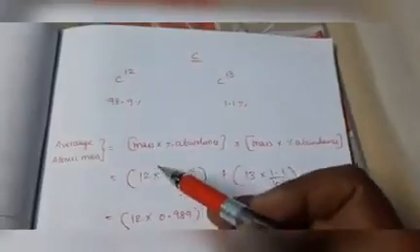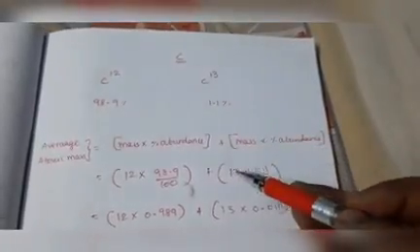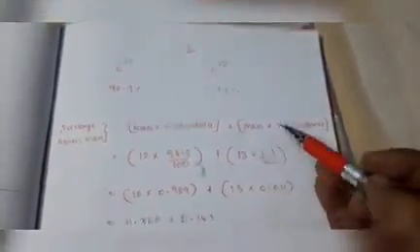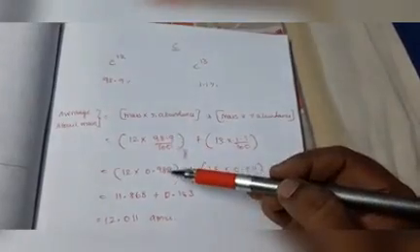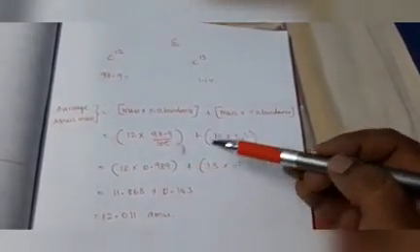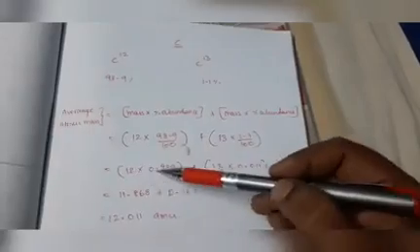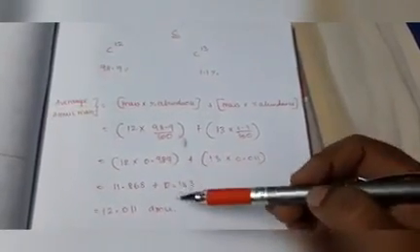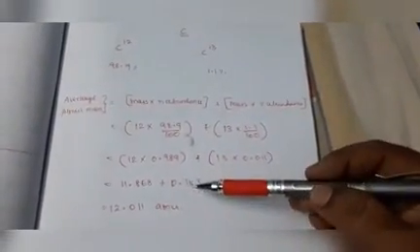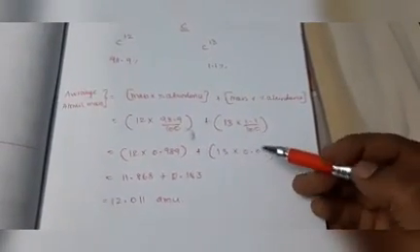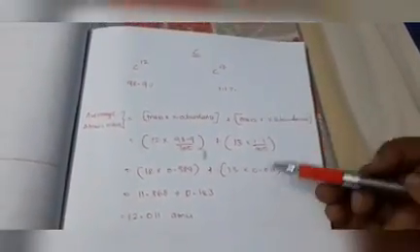Mass 12 times percentage abundance 98.9 divided by 100, plus mass 13 times percentage abundance 1.1 divided by 100. 12 into 98.9 divided by 100 gives 11.868, plus 13 into 1.1 divided by 100 gives 0.143. If you add these two numbers, finally you will get 12.011 atomic mass units. This is the average atomic mass of carbon.